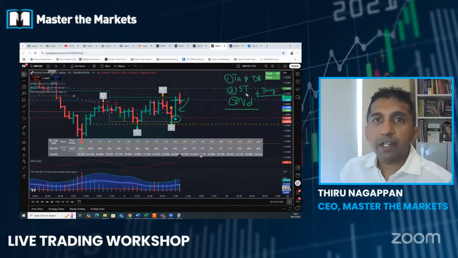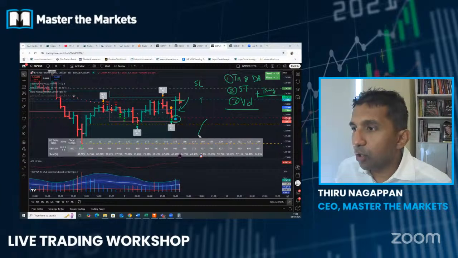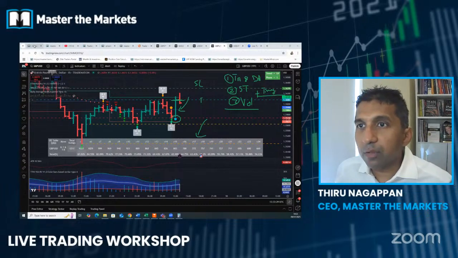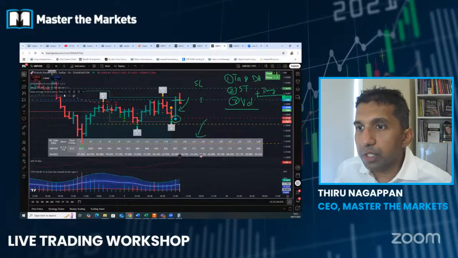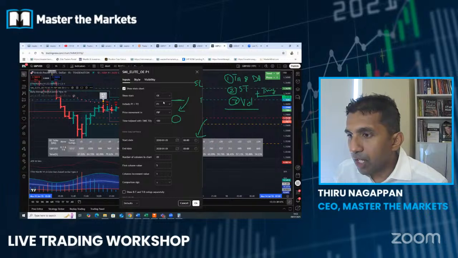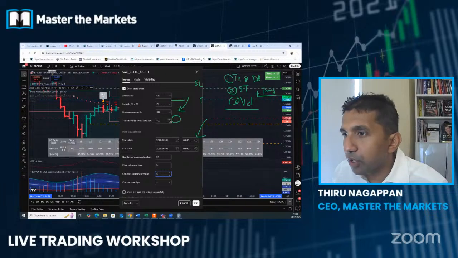Then after that, I've got to plug in all my stop loss and all my target. And for that, we've got the stats table here. All of the stats tables, which we'll go through in 7 Steps to CTP, in much more detail. In here, it would tell you exactly where to place your target and how to look at it, and your stop loss and all of that, right?